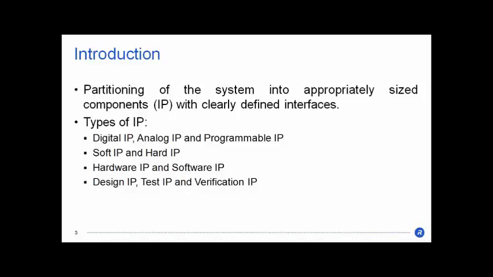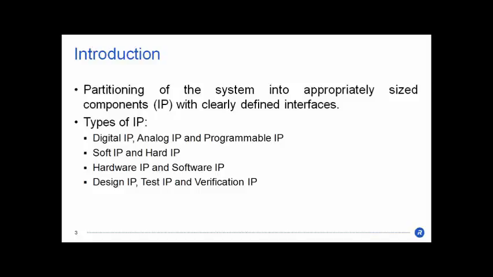Okay. A very simple definition of IP is parsing a design into a reusable form is called the IP, but a more sophisticated one would be the parsing of the system into appropriately sized components with clearly defined interfaces, called the IP. And we have different kinds of IPs, like digital IPs that come in the RTL form. Then you have analog IPs, the AMS mixed signal IPs.